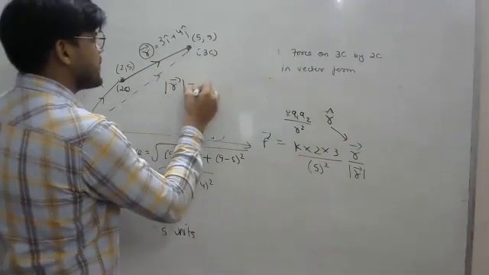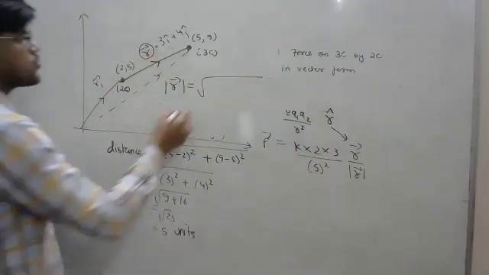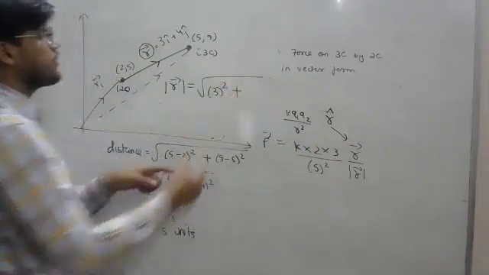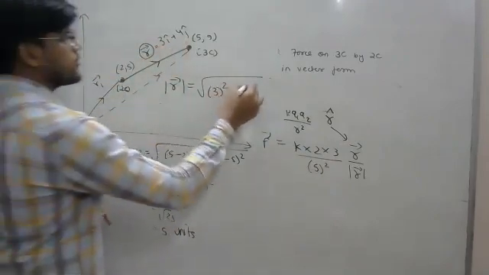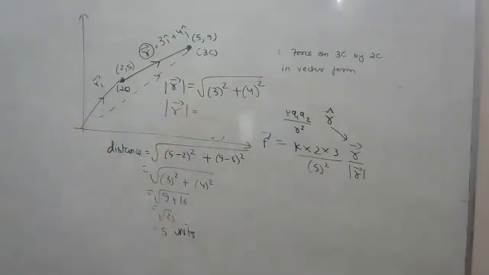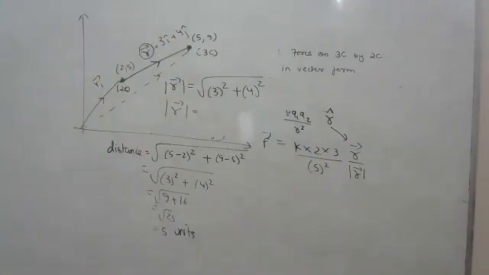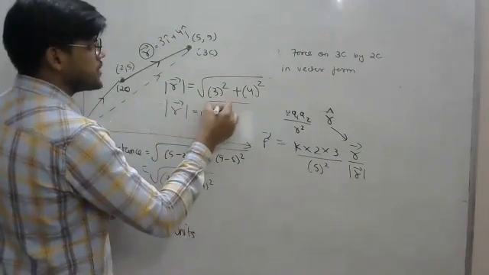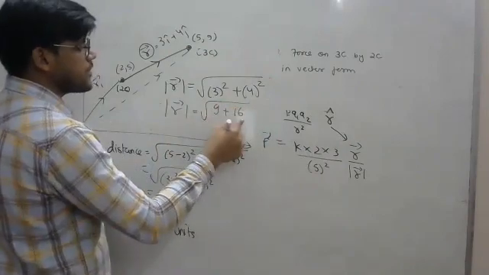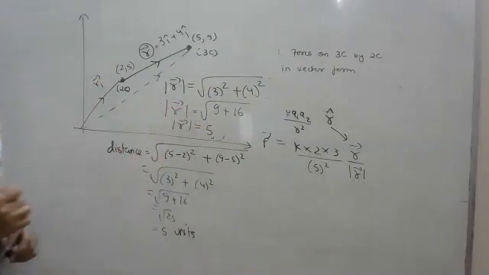Magnitude is under root, whatever number you are having with i, square of that, plus whatever number you are having with j, square of that. Square of 3, 9, square of 4, 16, 9 plus 16, 25, and root will be 5. So the magnitude of this vector is 5.